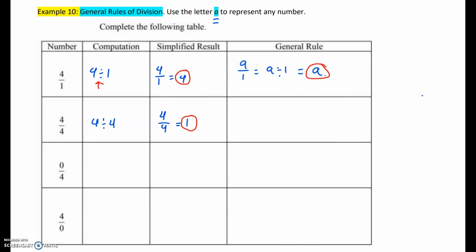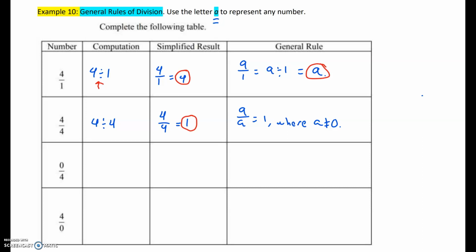It's going to be 1. So in this case, a divided by a is equal to 1, where a is not equal to 0. You're not allowed to divide by 0. So let me just put in where a is not equal to 0.